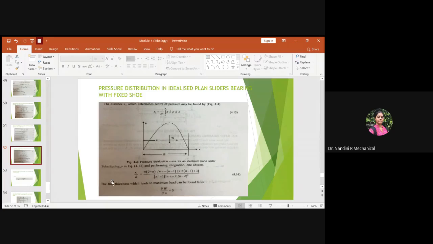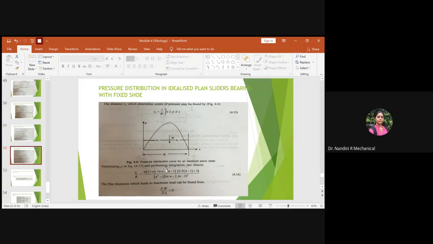The film thickness we are selecting mainly leads to the maximum load, because you know that we have done many trials and errors and characteristic features analysis to determine the required film thickness to get the maximum load bearing capacity. Usually the film thickness plays a vital role, because depending upon the film thickness, the pressure distribution also will vary, and based on the pressure distribution, you can see where the maximum load will come. And hence this is a condition you have to understand.